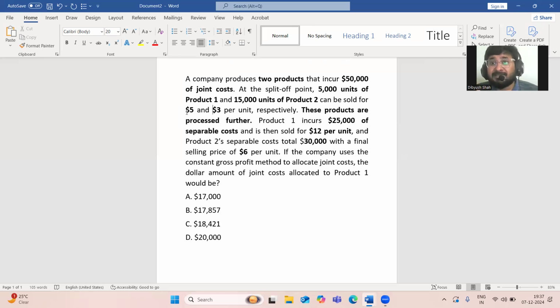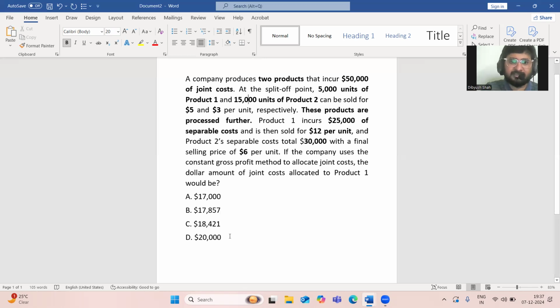So what is the final sale value? $12. Number of units of product 1, 5,000. This much data should be clear. Product 2, separable cost is $30,000, and what is the final selling price? $6 per unit, and number of units 15,000.